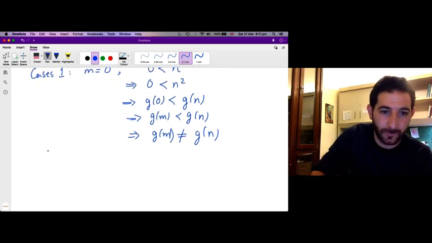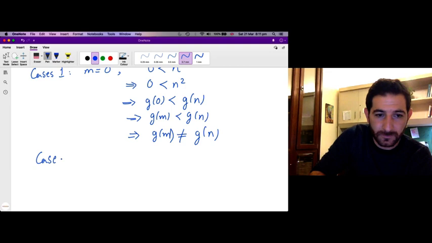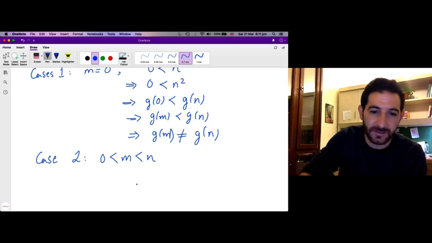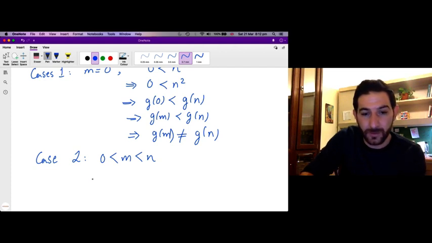Now case 2. Look, m is not 0, which means that m is strictly bigger than 0 and strictly less than n. So now look at this inequality: m is strictly less than n. We can multiply both sides by m to get that m squared is less than m times n, and notice that m is positive, so we preserve the inequality.